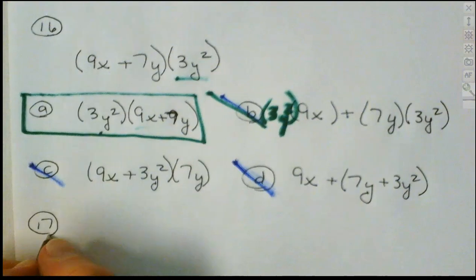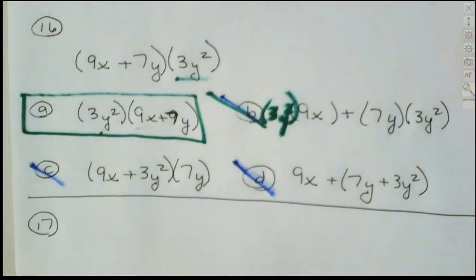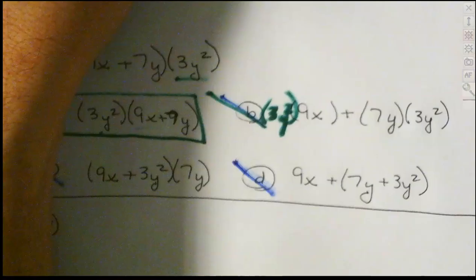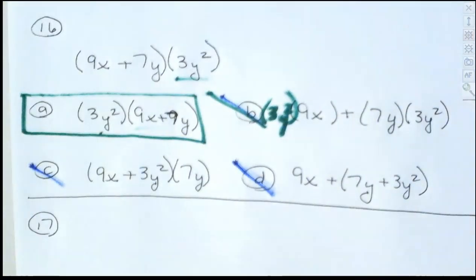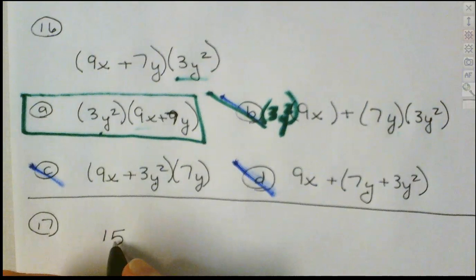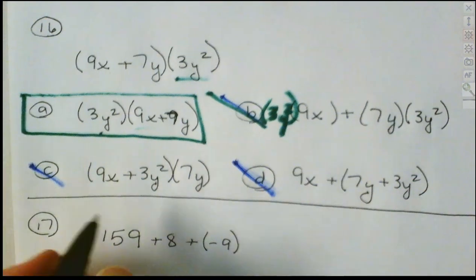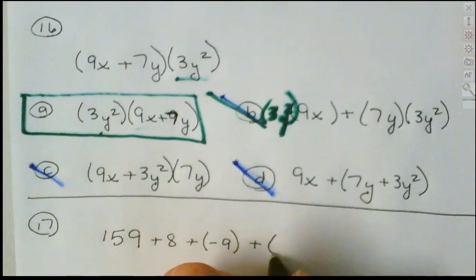Question 17. Is everyone okay with that one? Everyone see why the other choices don't work? Question 17. We want to find this sum. And you can use a calculator if you want, or we can do it with our properties. I'm just going to rewrite things to make it a little bit easier.